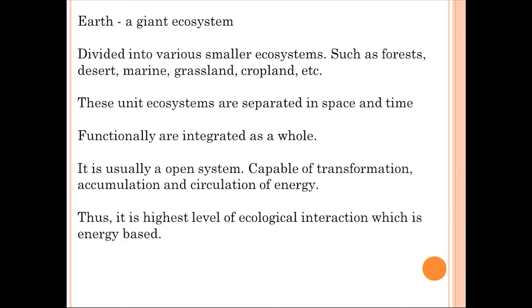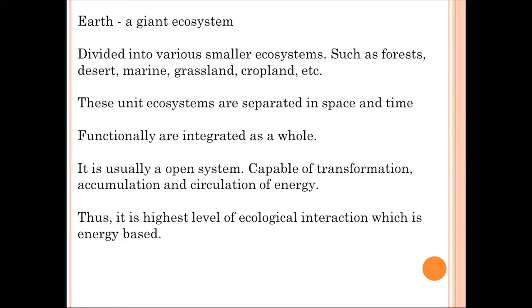For example, plants and also animals respire. During this process, exchange of gases takes place. Therefore, gases are added to the atmosphere. Transpiration by plants adds moisture to the atmosphere.